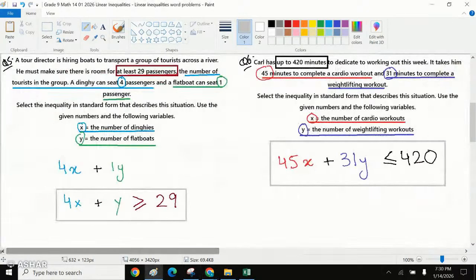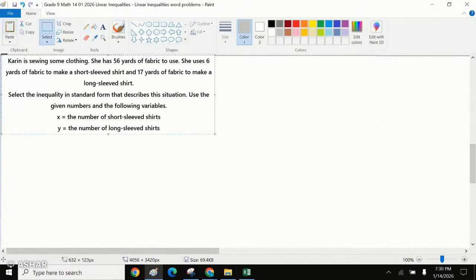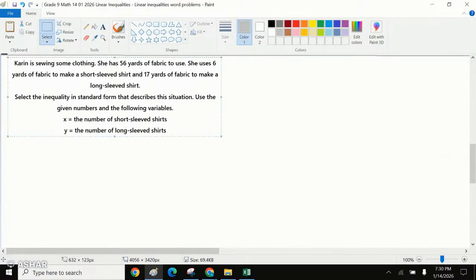So question number 9. I'll just put it down over here. Question number 9 says, Karen sews some clothing. She has 56 yards of fabric to use.